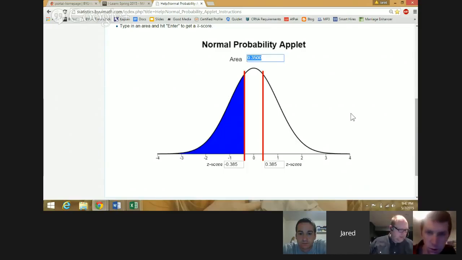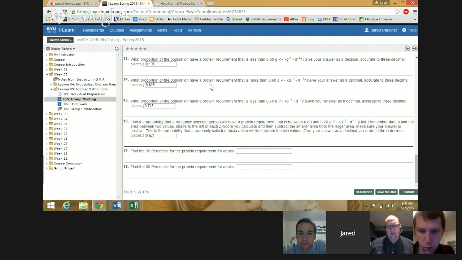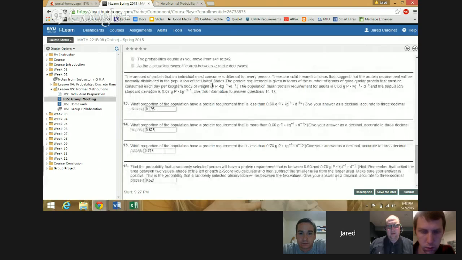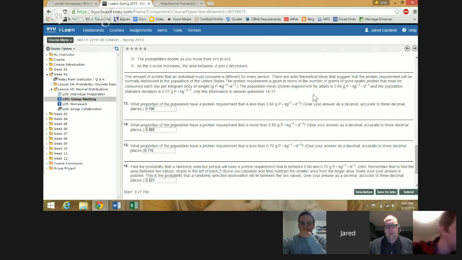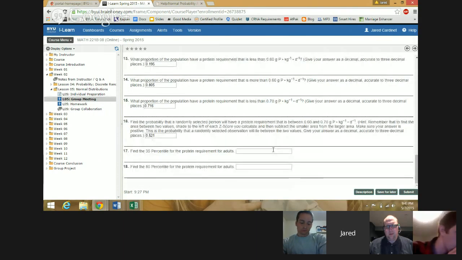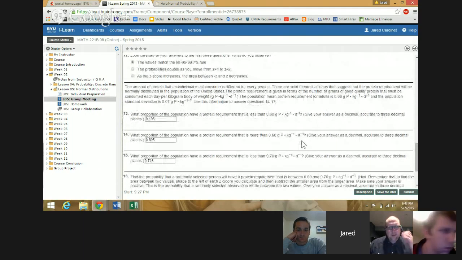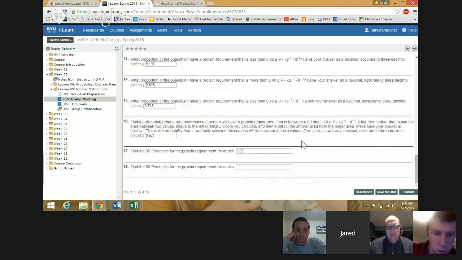It's negative 0.385. The mean is 0.66, the standard deviation is 0.07. 0.63 is the value. And let's just double check our work. The mean is 0.66, and it is below the mean, so that should be correct.